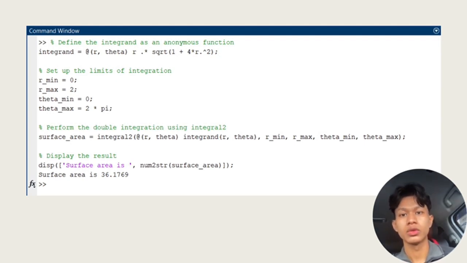Okay, so next we need to define our integrand, the one that we used before this, and then we set the limits in our integration. Next we use the integral2 function for the double integral and display the result. So the result is 36.1769, and it is the same as our friends' manual calculation.